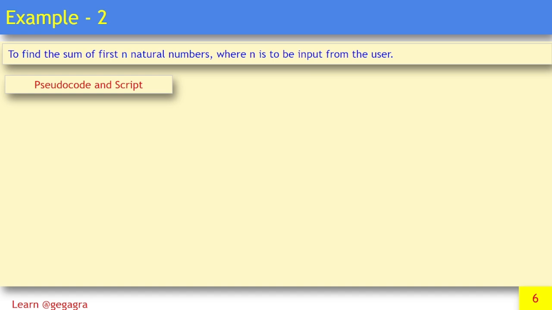So here I'm going to create the pseudocode as well as the script on this problem. I'll write the pseudocode or the algorithm, and after that I would like to create the script using Google Colab. So let's move ahead.